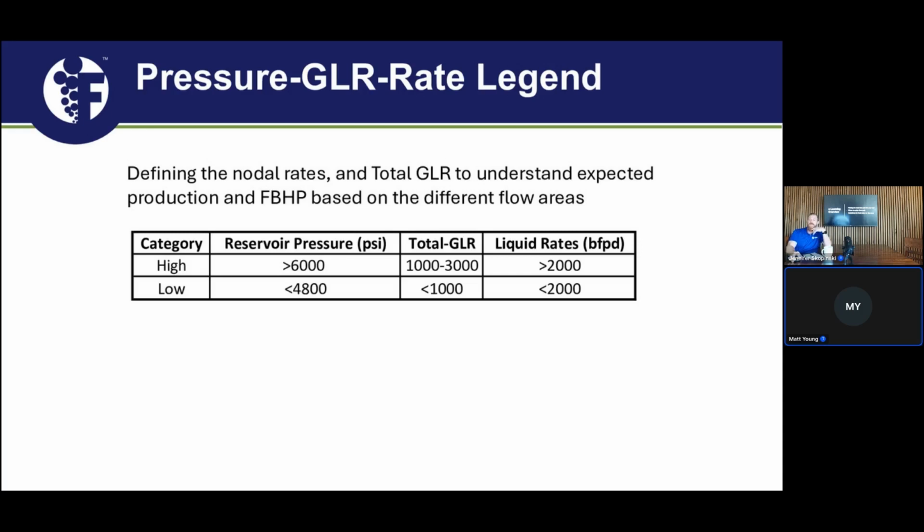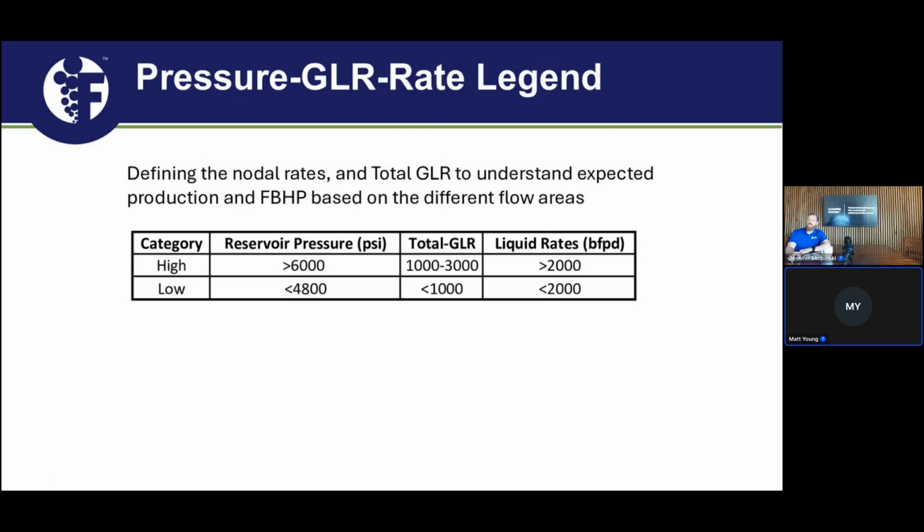If we were in wells that had a relatively low TGLR, less than 1,000, then we wanted to be very careful on our flow path selections. You'll see in a few slides how I illustrate that. With low formation GLR wells, you wanted to select a smaller flow path to help stabilize and maximize that production.